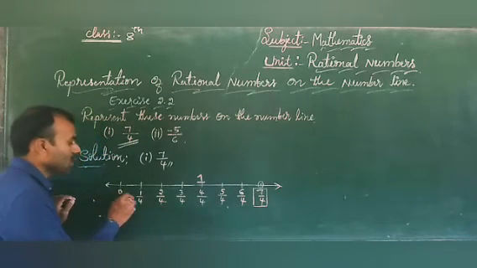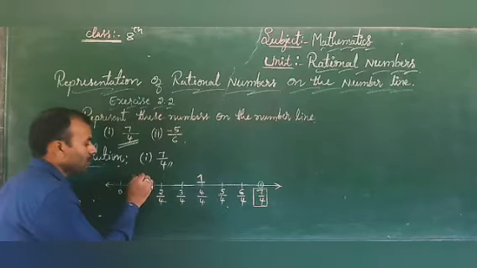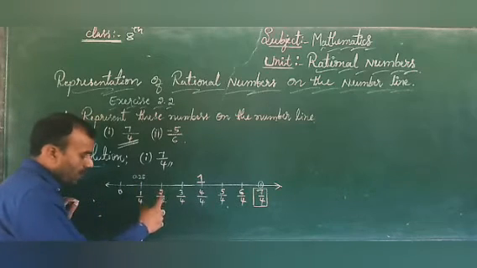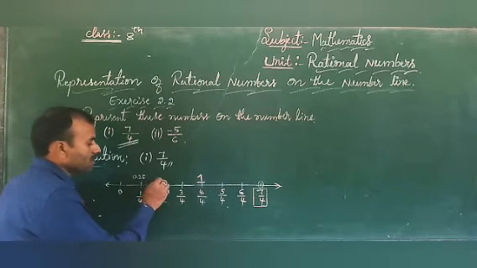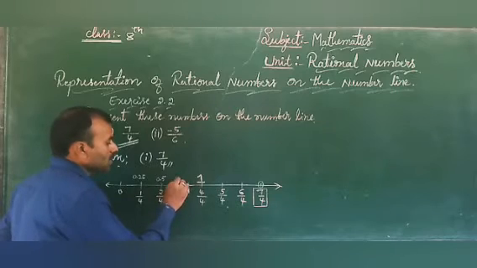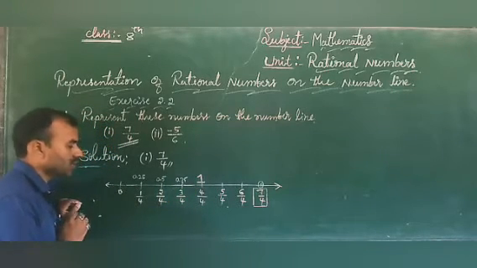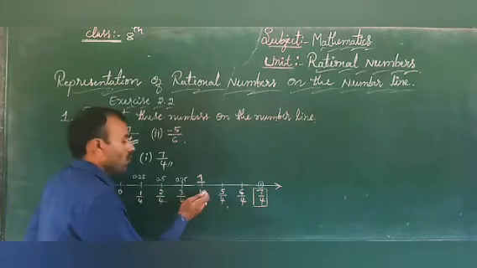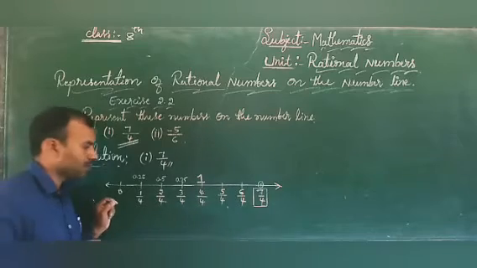Here 1 by 4 is written as 0.25. 2 by 4, 2 ones are 2 and 2 twos are 4, it means 0.5. 3 by 4 means 0.75. Next, 4 by 4, 4 ones are 4, that is 1.